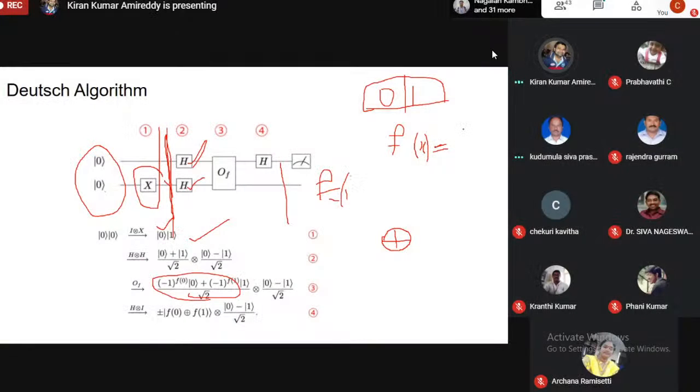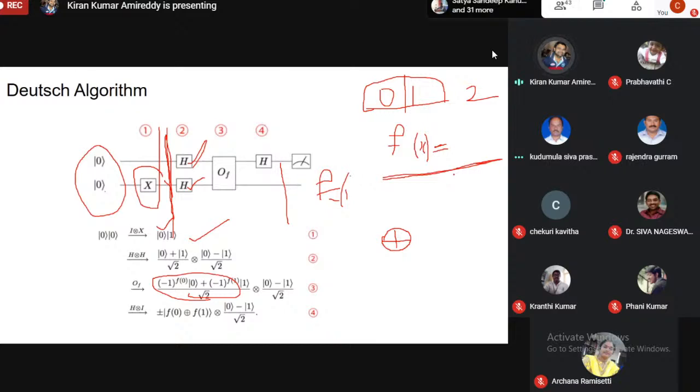When f of x is given, we know the output prediction. Suppose the output options are fixed, either yes or no. If exactly half of the time we get yes and half of the time we get no, that means the function is a balanced function.